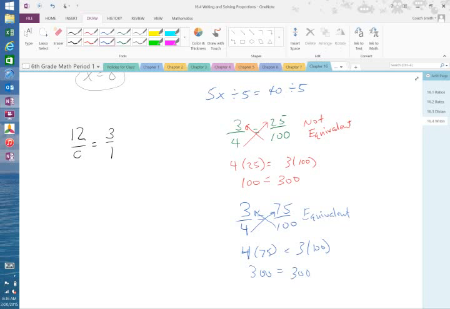So now let's go back to the problem. We're going to take C times 3, 12 times 1. C times 3 is equal to 12 times 1, which means 3C is equal to 12. If 3C is equal to 12, then what do I have to do?